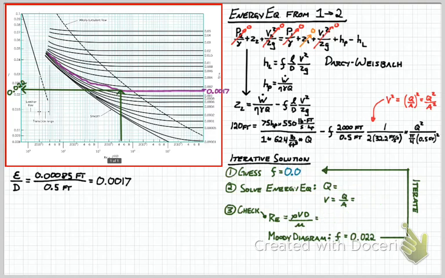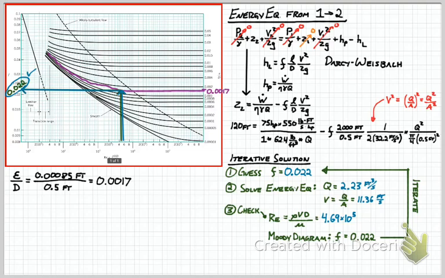So we can go through, erase the terms we just calculated, and start again with a friction factor of 0.022. Repeat the process by solving for discharge, velocity, by calculating a new Reynolds number of about 4.69 times 10 to the 5th. And we go back to the Moody diagram again, read up to our relative roughness, read across, and for the resolution that we have on the Moody diagram, I'll argue that we end up with the same value of f.